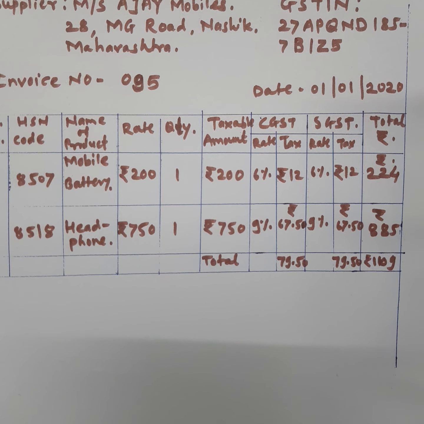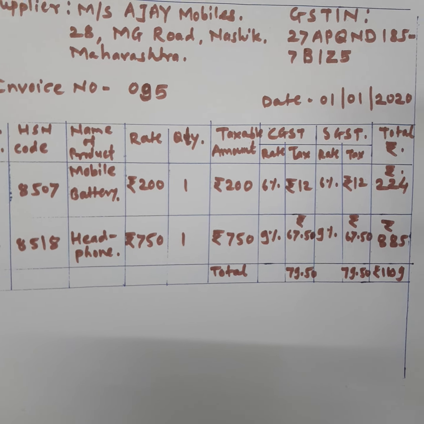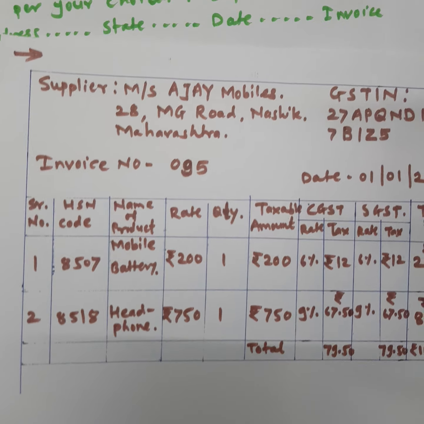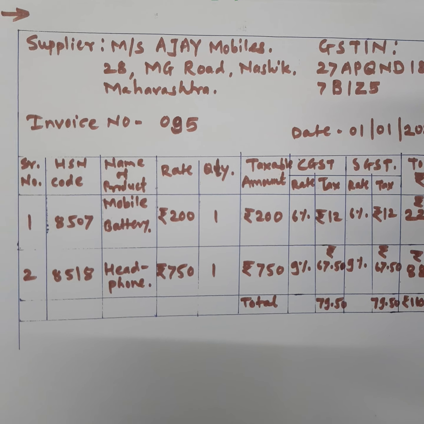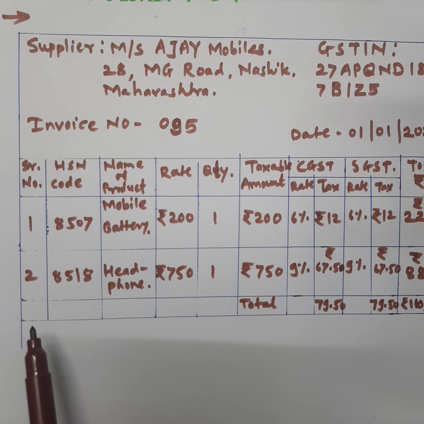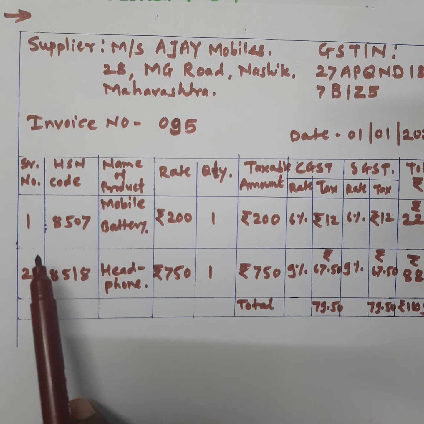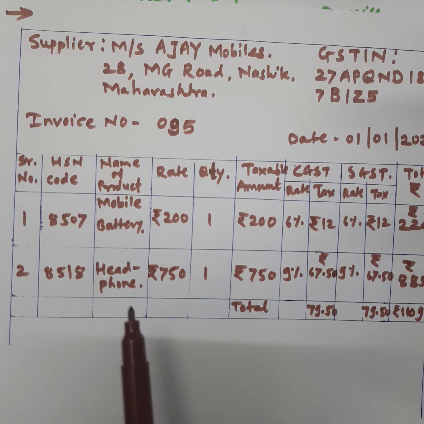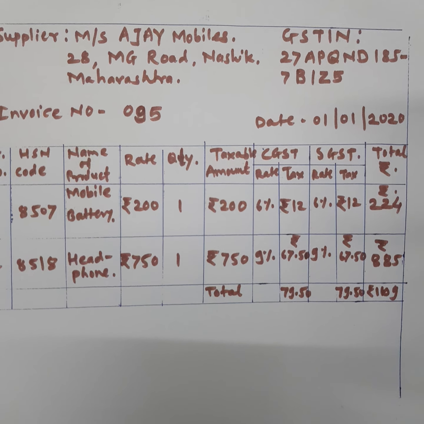In this way, if you are asked to prepare any tax invoice, then in the same way you can draw the chart and then place the values as given in the example.